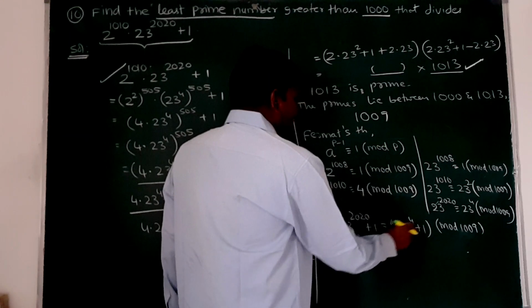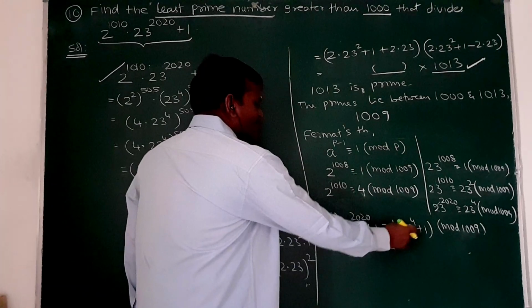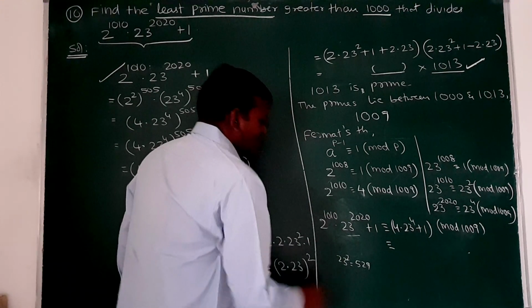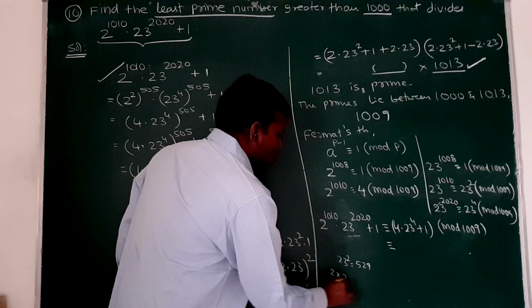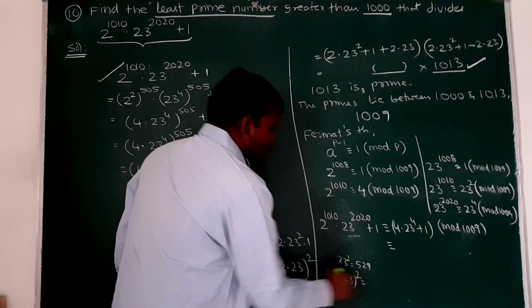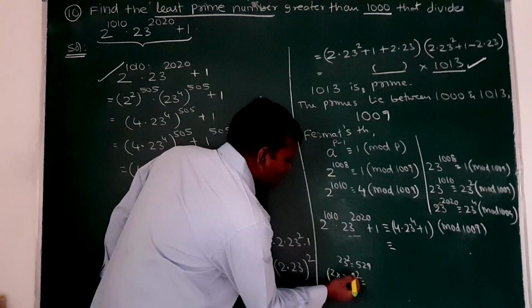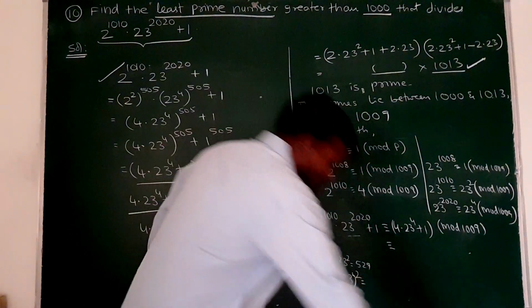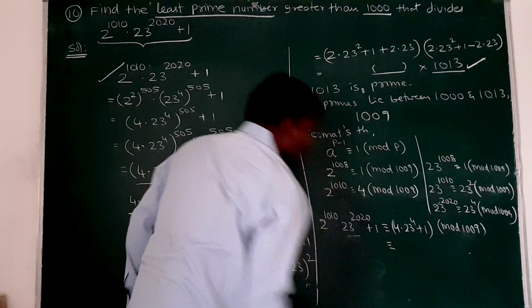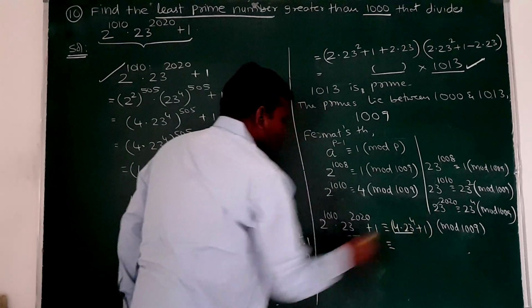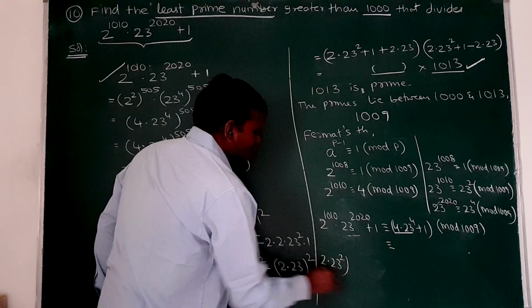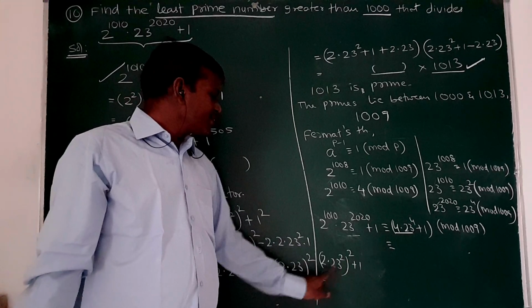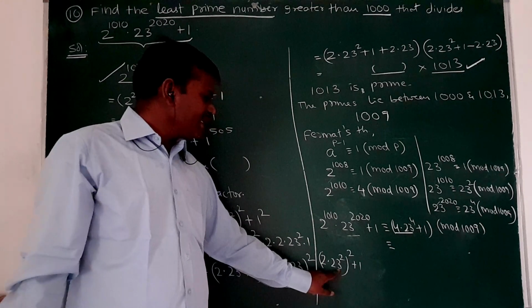So 4 into 23 power 4 can be written as 2 into 23 square, whole square. 23 square I already got, 529.